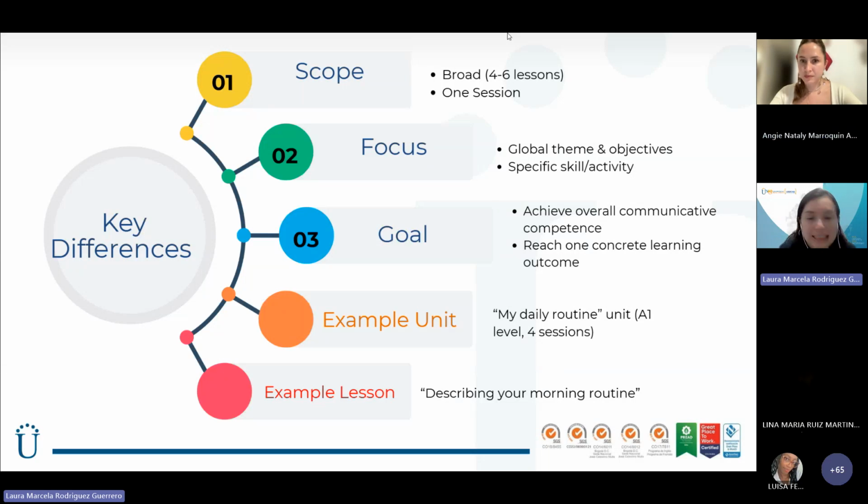We have some examples. Daily routine, unit A1 level, 4 sessions. That will be the general topic of a unit. But for the lesson, it will be describing your morning routine. It's not the objective, it's the general topic. Okay, guys? Thank you, Professor.